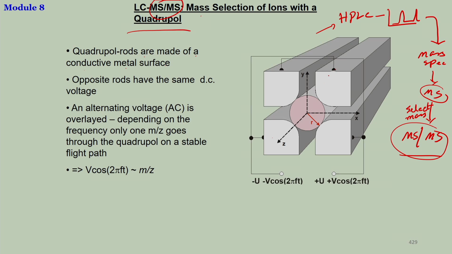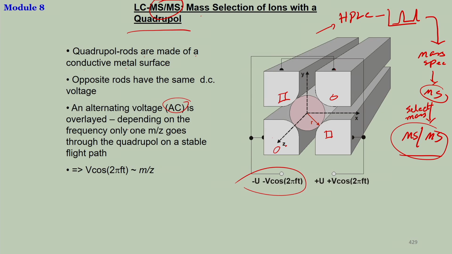So, this rod and this rod, and this and this, are connected with the same DC voltage, where this is the equation, this is the applied potential. These two have the same voltage, and these two have the same voltage. Now, you apply an AC current, alternating current, overlaid on it.